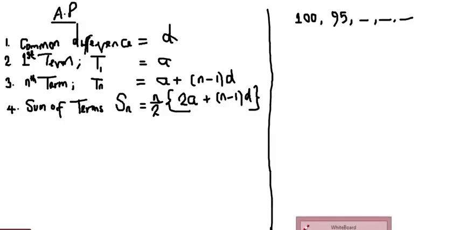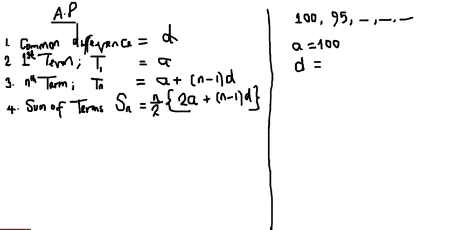So if we look at this question, we have here the first term A, it means A is equal to 100. That is the second component in our list of 4 important components of an AP. So we need to find the common difference D, and we have said the common difference is found by subtracting consecutive terms.